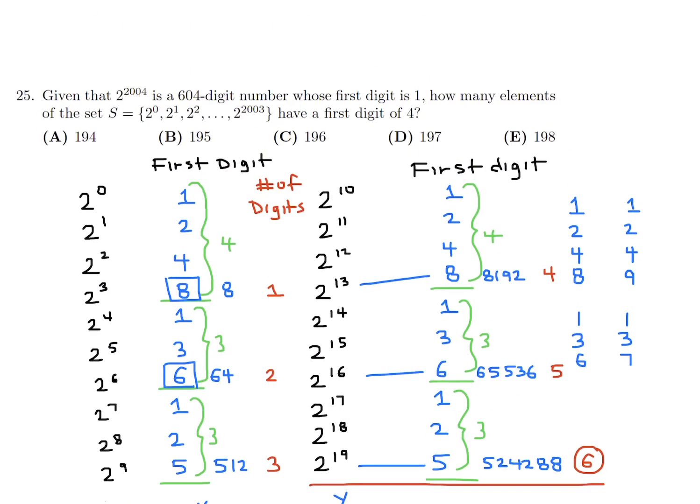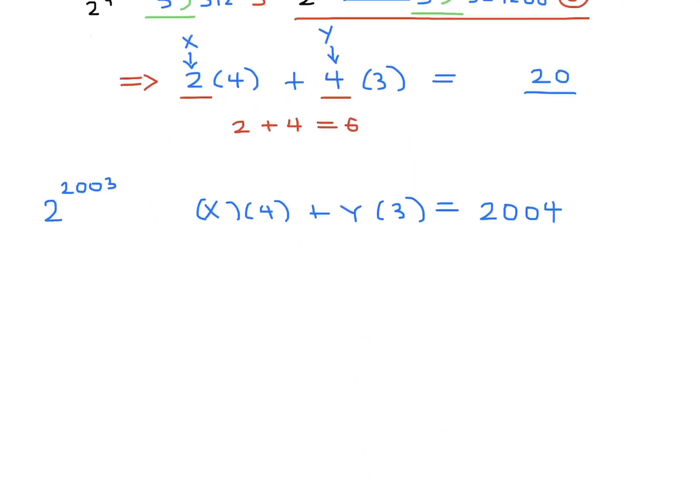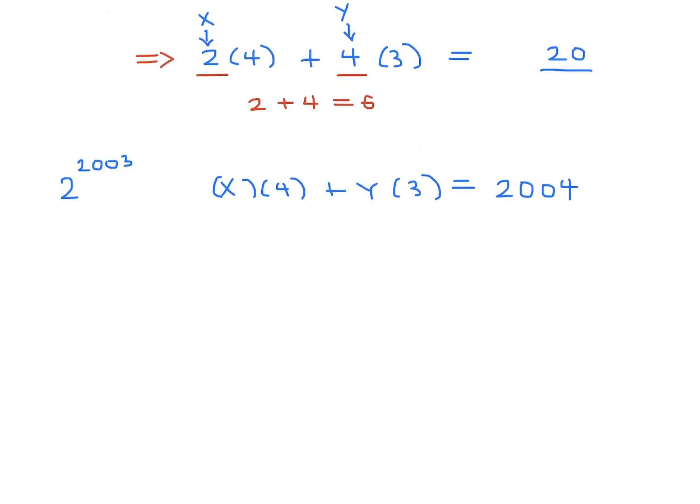Why? Because in our set, we have 2 to the power of 0 all the way to 2 to the power of 2003, and that's 2004 numbers. So I'm following basically this formula up here, just extrapolating it to 2004, because that's how far they want us to go for powers of 2.